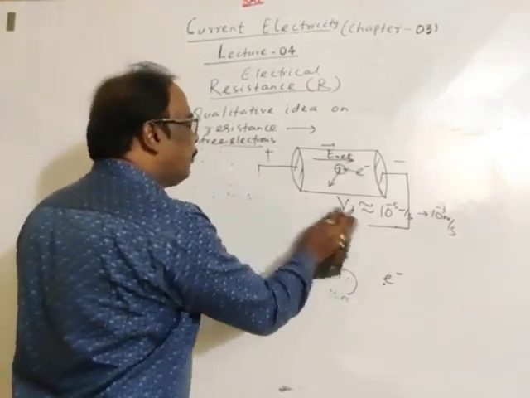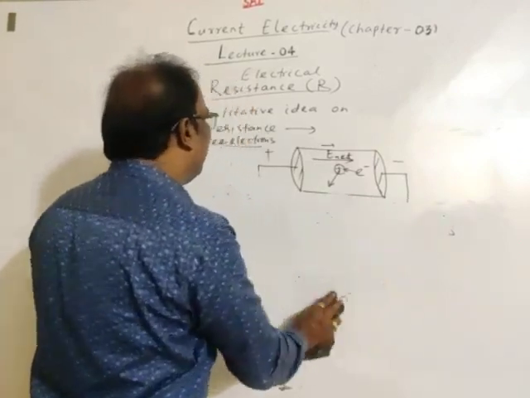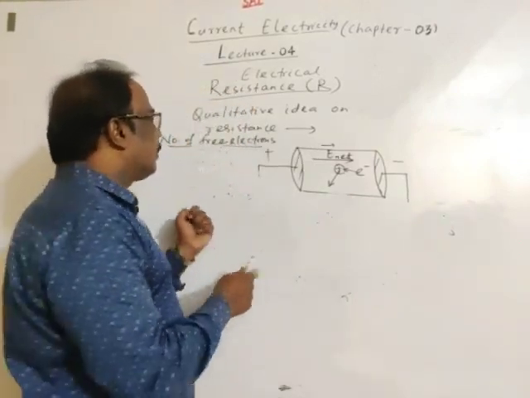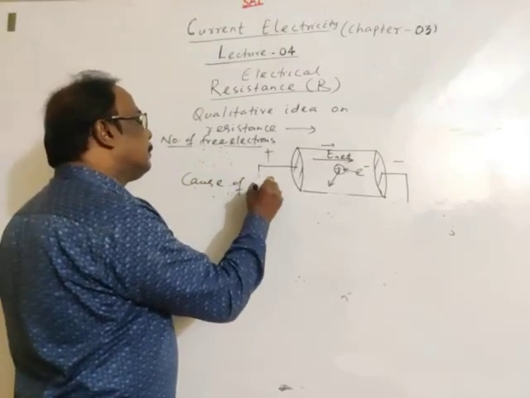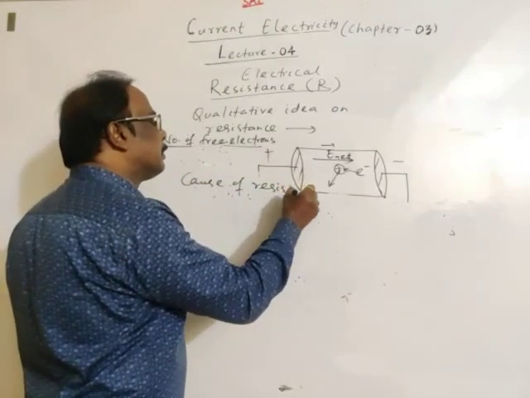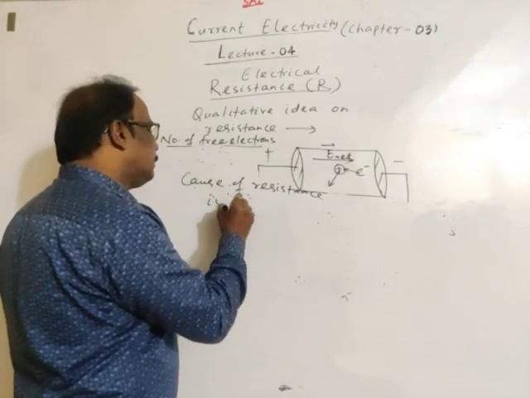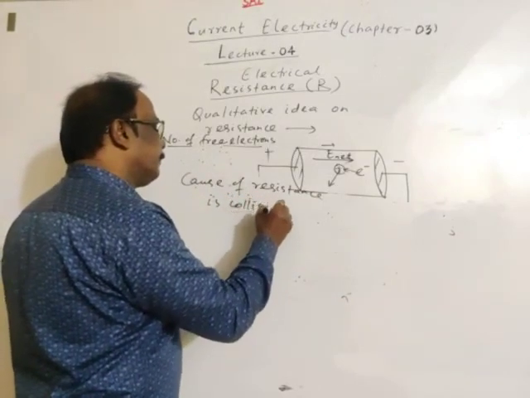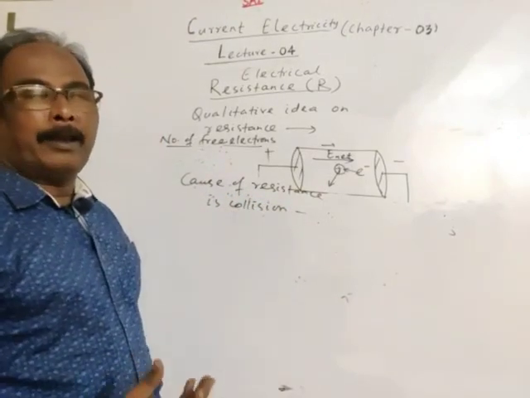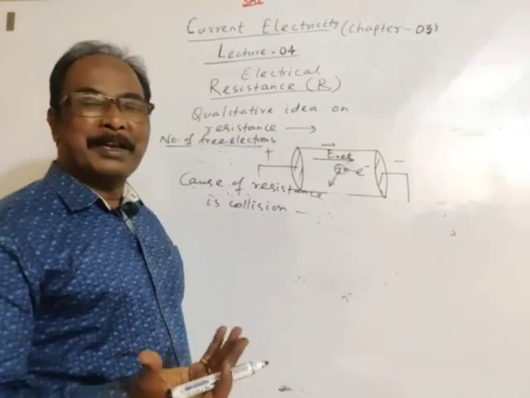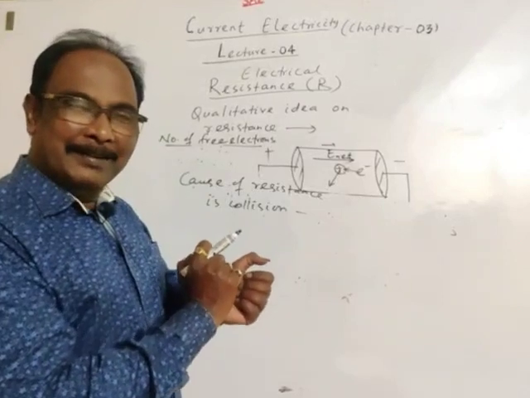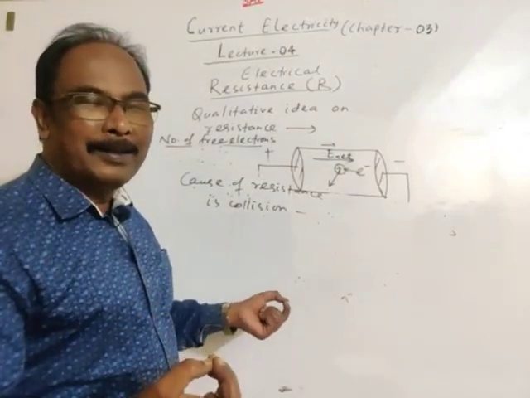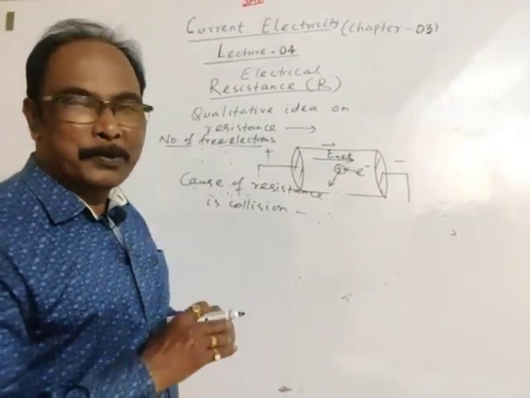We are discussing a qualitative idea on resistance. The cause of resistance is collision of free electrons with rest of atoms, because due to collision the speed of electrons decreases and motion is opposed.